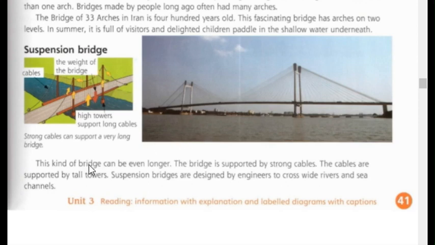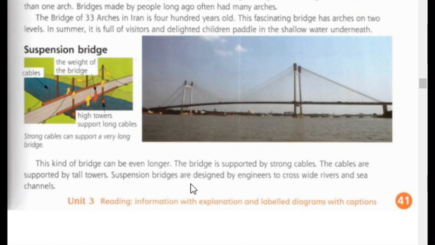This kind of bridge can be even longer. كمان هذا الجسر ممكن يكون أطول من البيم وأطول من الarch bridge. The bridge is supported by strong cables. إذا هذا الجسر مدعوم بكيبلز قوية كتير. The cables are supported by tall towers. Okay, tall towers.